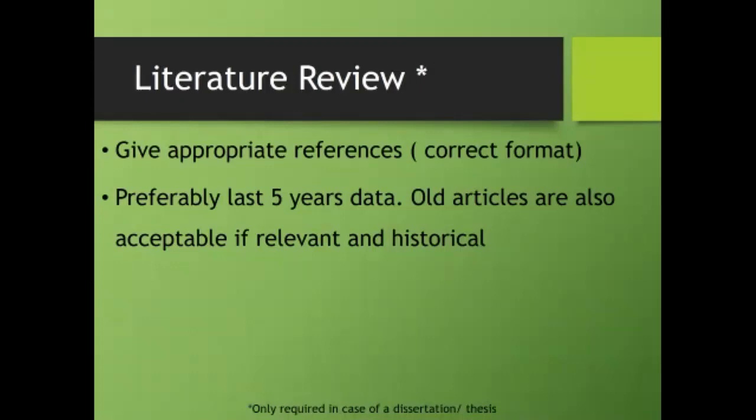That's why your literature review should be accurate and updated. One recommendation is that the literature review should encompass all the literature published in the last 5 years. But as I discussed earlier, giving the example of the Watson and Crick article on genetics, older articles are also acceptable if they are relevant and historical, and they connect to the research that you are doing. So try to restrict the literature review to the last 5 years, but you can also use older articles.